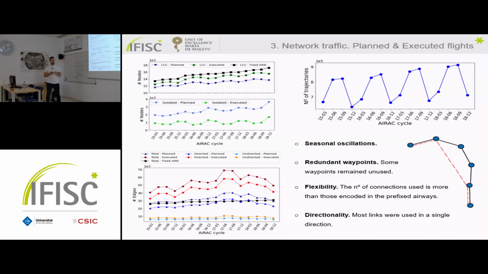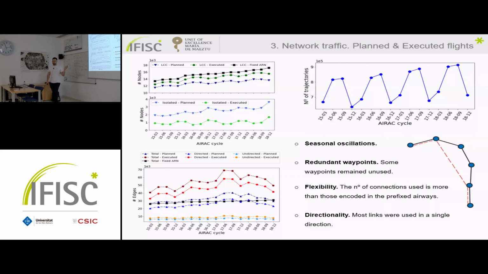Analyzing the size of these resulting networks from planned and executed trajectories, we can make the following observations. First of all, in this plot here, we observe that there's a significant amount of redundant waypoints that remain unused. Secondly, by looking at the total number of edges with the red and the blue curves, we observe that the number of connections is more than those encoded in the prefixed airways.